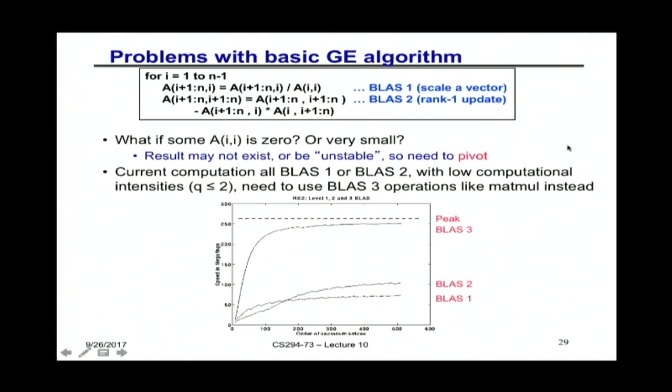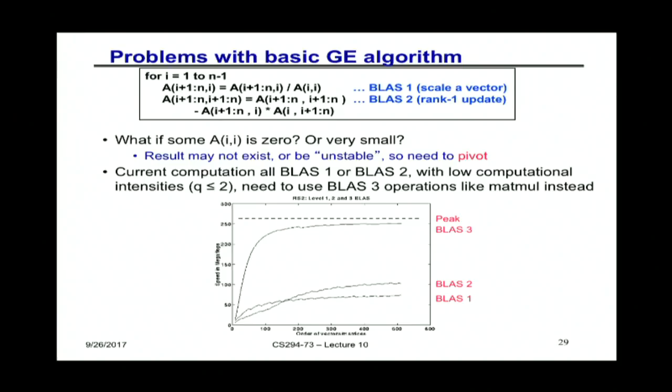Okay, so what's the problem with this basic GE algorithm? Similarly, it's still related to the BLAS operations, how fast you can go. Because remember, in the basic algorithm, we're just calling BLAS1 vector scaling, and also another BLAS, which is BLAS2, the rank 1 update.